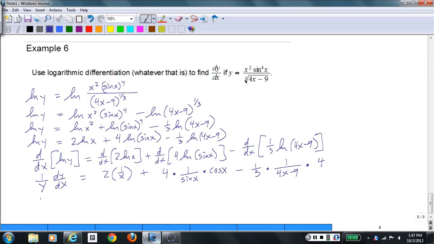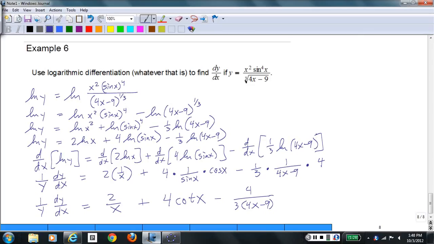So, actually a couple more steps. 1 over y dy/dx equals 2 over x plus 4 cotangent x minus 4 over 3 times the quantity 4x minus 9.